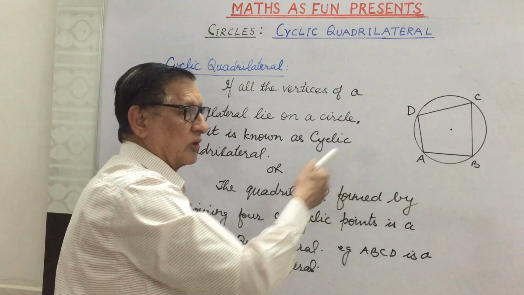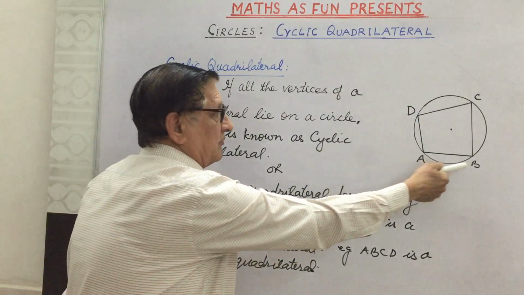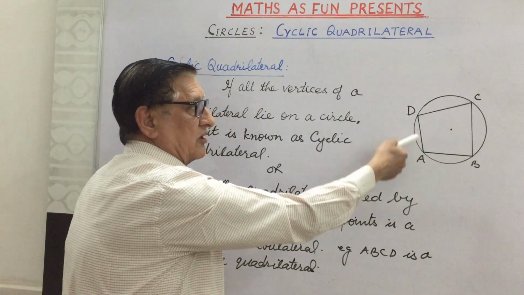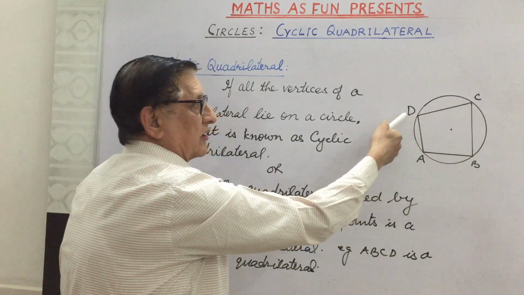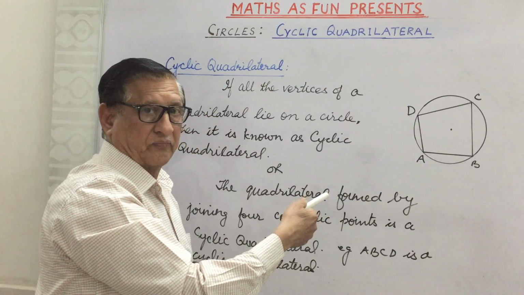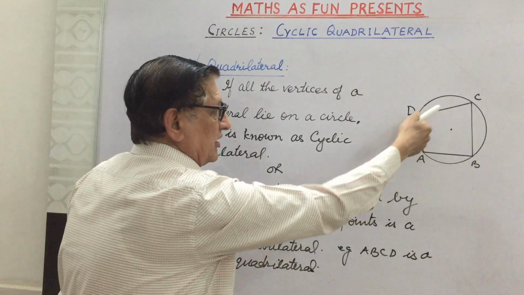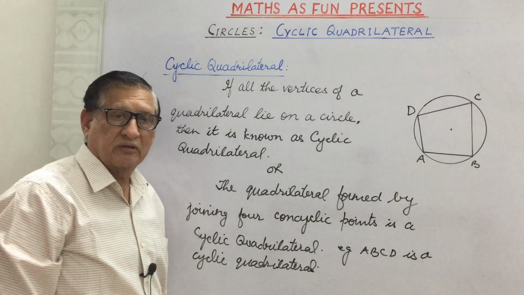Like we can see here, A, B, C, D is a quadrilateral and all 4 of its vertices are concyclic. Therefore, A, B, C, D is a cyclic quadrilateral.